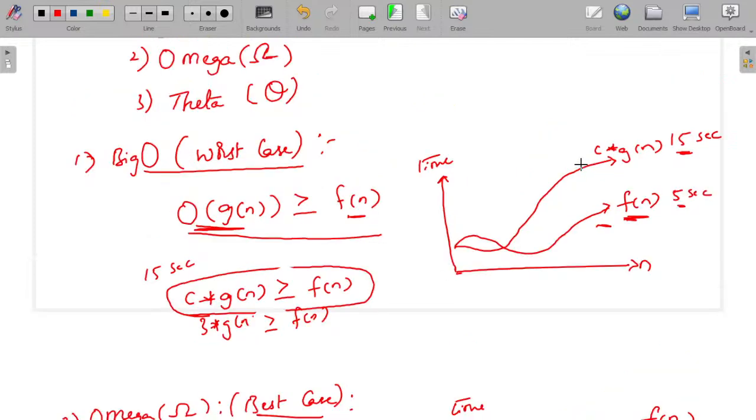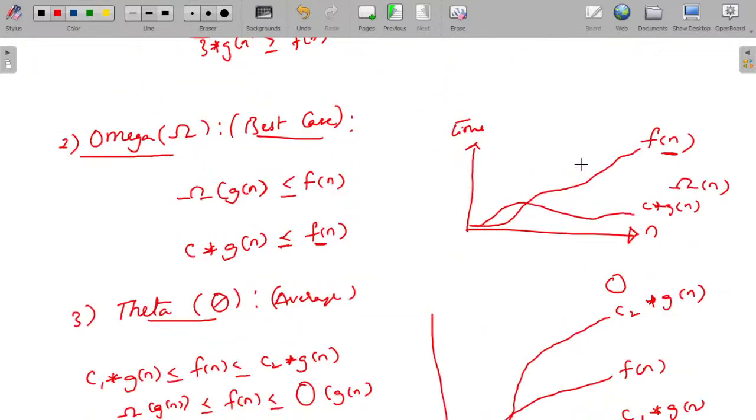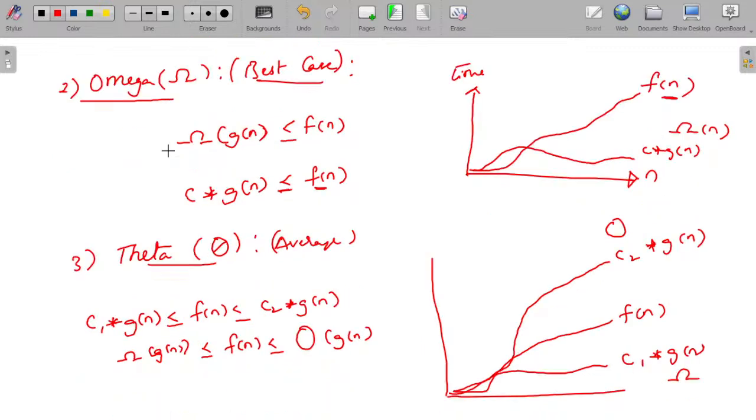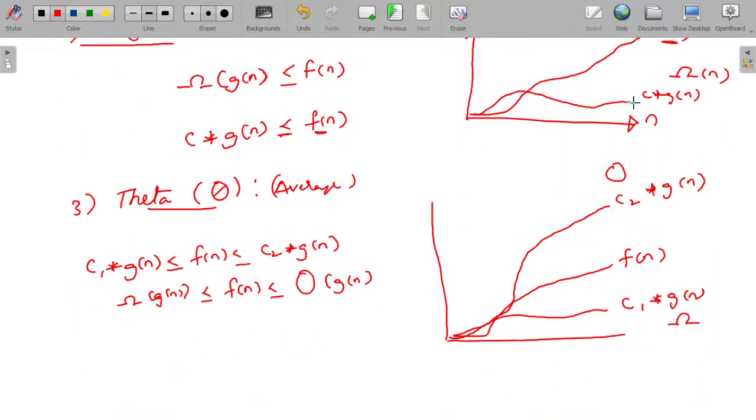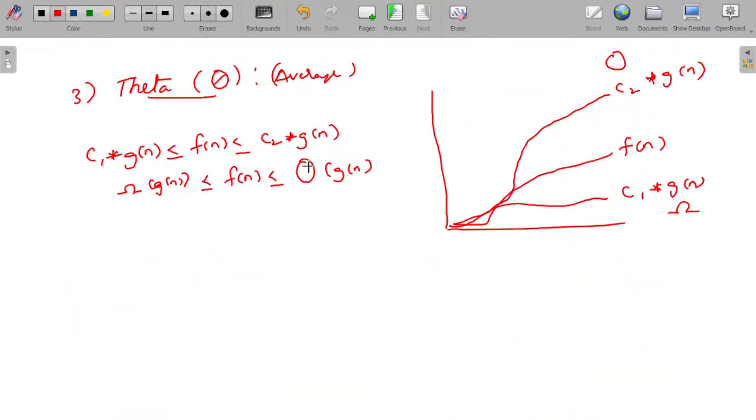Omega notation represents the best case time complexity, and it is always less than f of n, the reality time. The last notation is theta notation, which represents both the lower bound and the upper bound time complexities, and that is why we make use of two different time complexities here. If you have any questions, you can mention them in the chat.